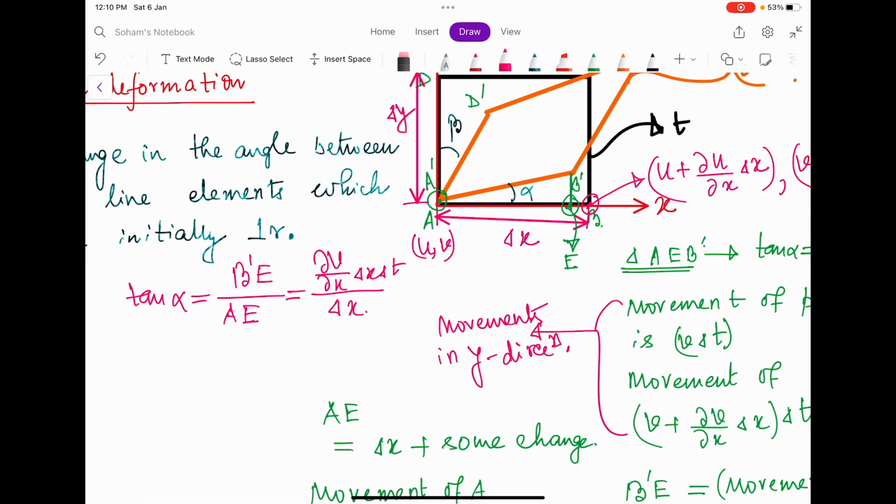Now for delta t tends to 0, alpha is very small, right?